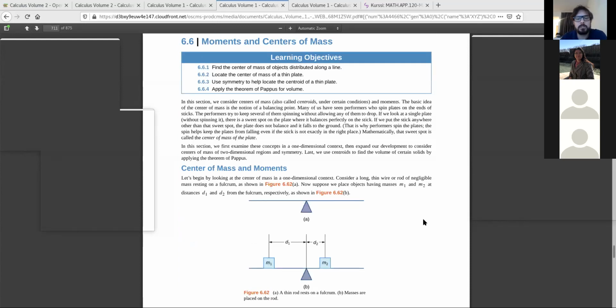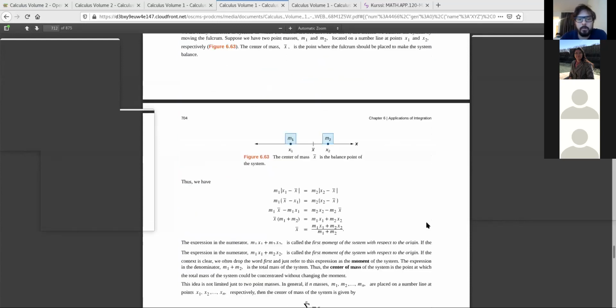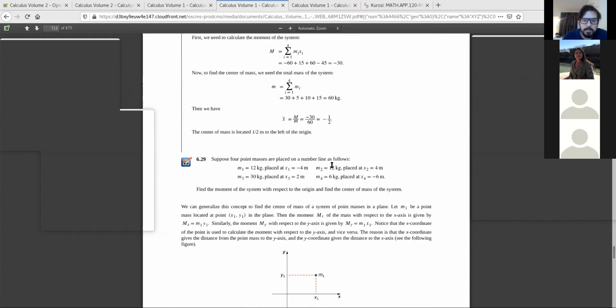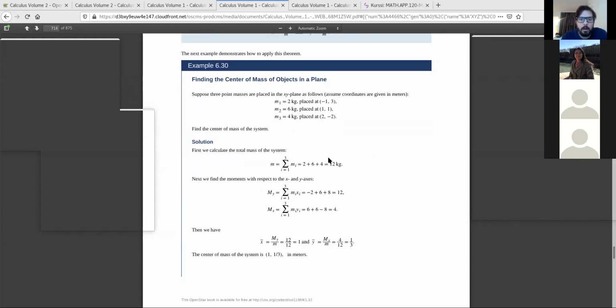These considerations are not going to go here, but the moments and centers of mass are in fact relevant if you study probability calculus later. In probability calculus, similar calculations to these centers of mass are needed.